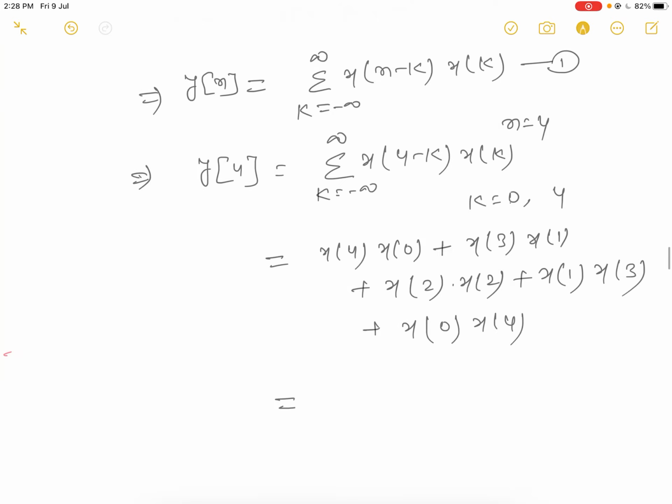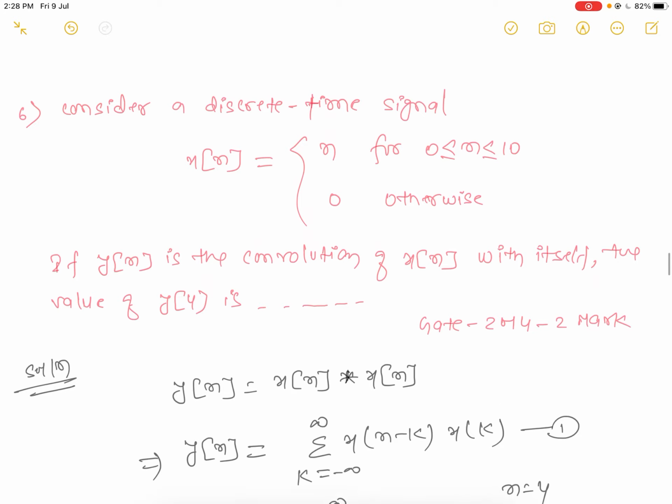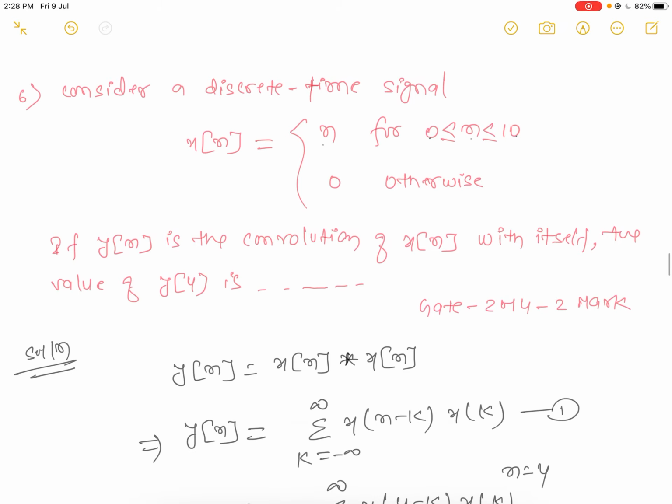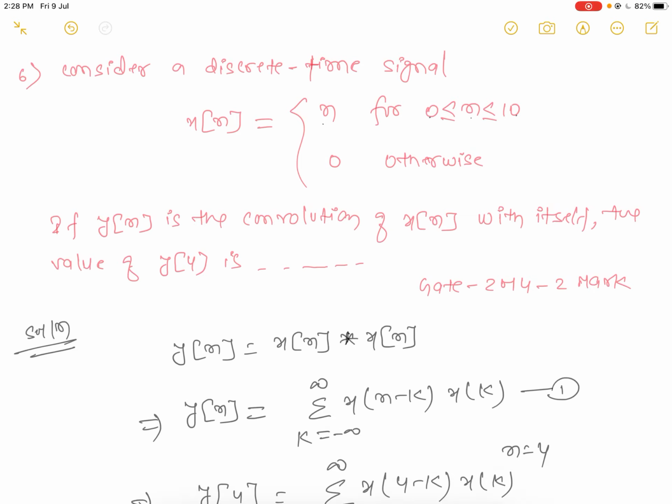See from the question, when the sample value n is from 0 to 10, then the sample is n. It means at 0 it will be 0, at 1 it will be 1, at 2 it will be 2, 3 and 4, like this up to 10, otherwise 0.